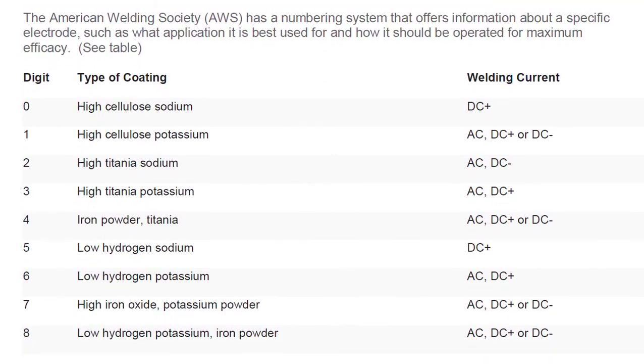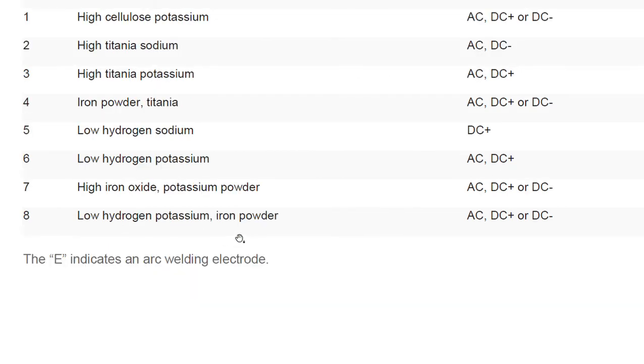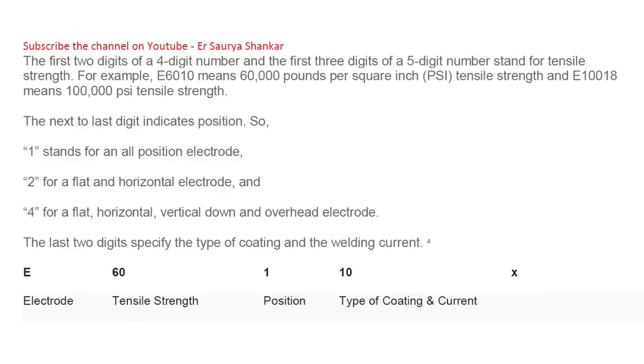Now you see here, 0 is high cellulose sodium, DC. So I'm talking about these. Then high cellulose potassium, that is AC, DC, and so on. So high titanium sodium, high titanium potassium, iron. So this is what it is all about.